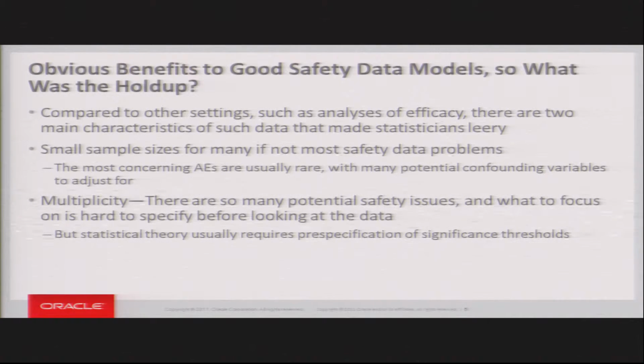There are so many potential safety issues that even deciding what to focus on for a statistical analysis is difficult. Statistical theory often requires pre-specification of significance thresholds and so forth, so just noticing that something unusual is happening makes it hard to decide how significant things are.